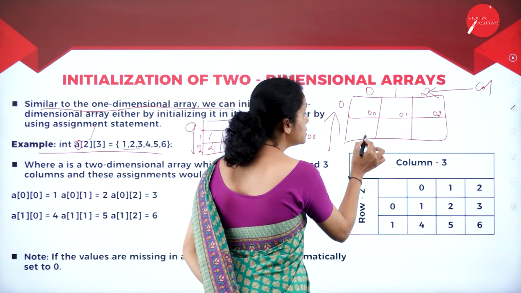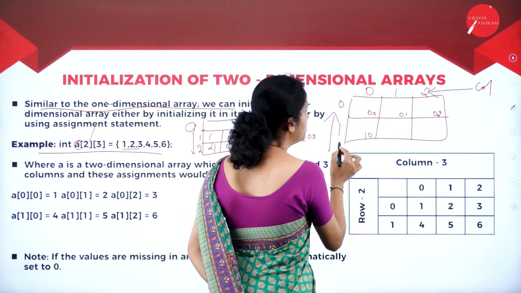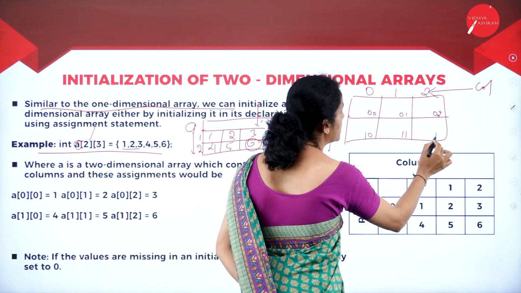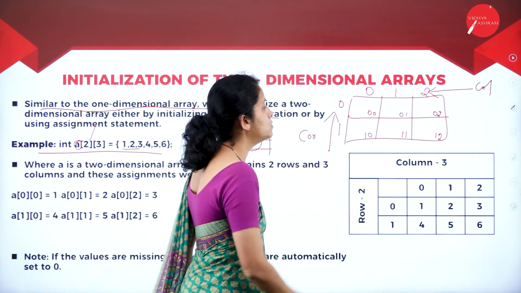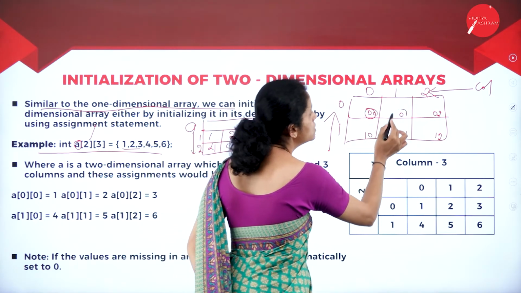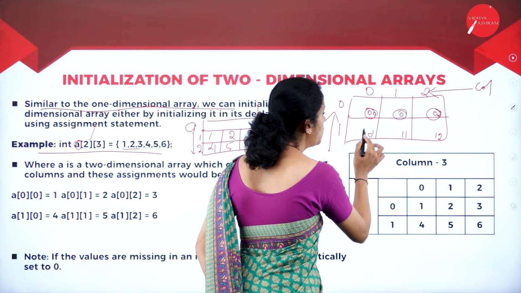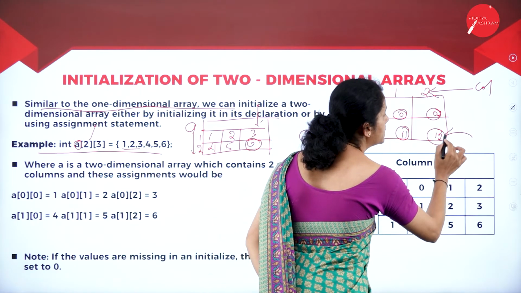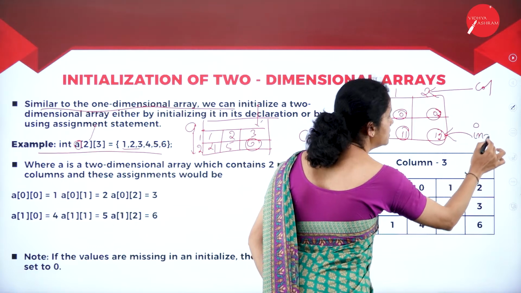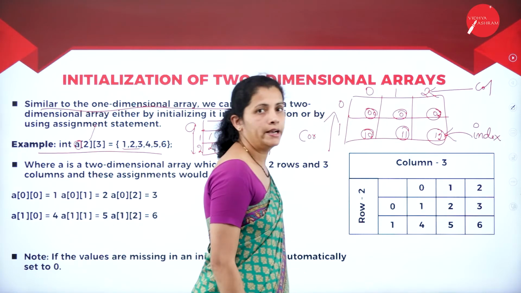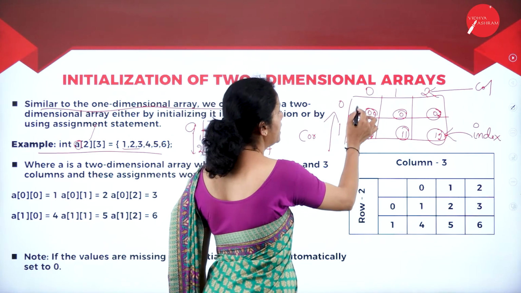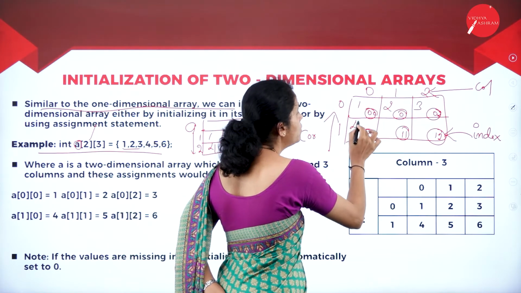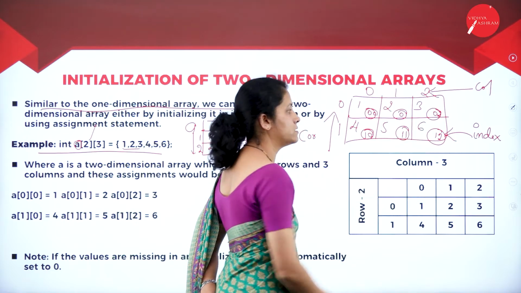Now, first row, 0th column; first row, first column; first row, second column. So this 0,0; 0,1; 0,2; 1,0; 1,1 and 1,2 are nothing but the index.